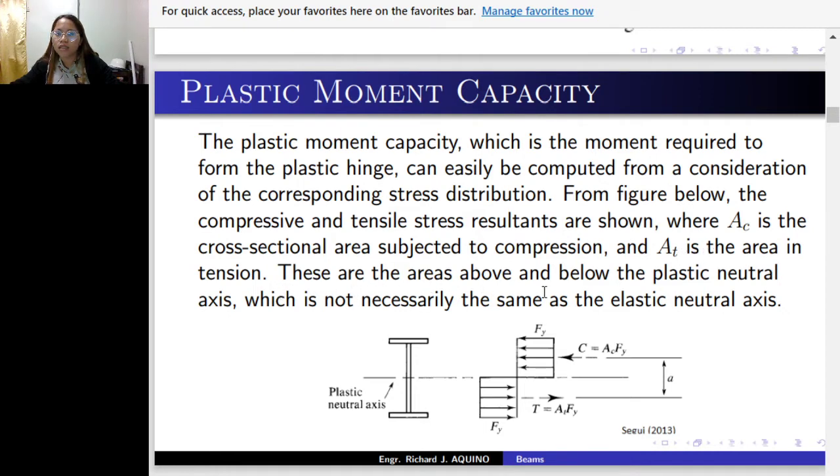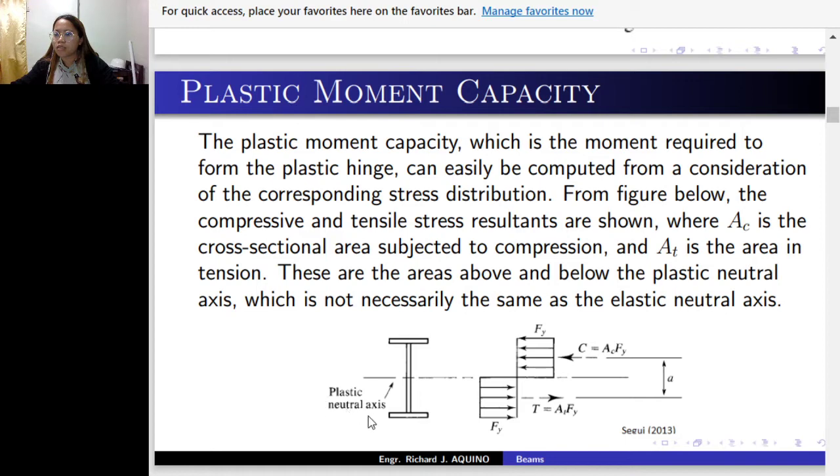These are the areas above and below the plastic neutral axis, which is not necessarily the same as the elastic neutral axis. Since the beam is already at the plastic stage, the shape of the stresses is rectangular.